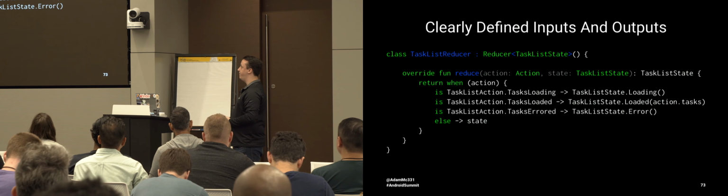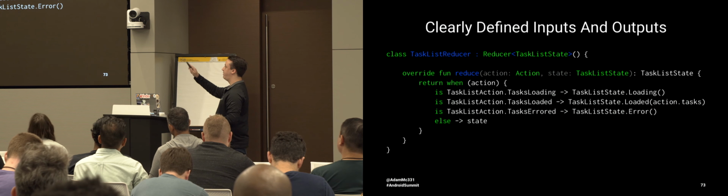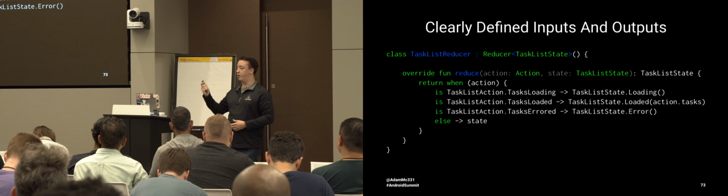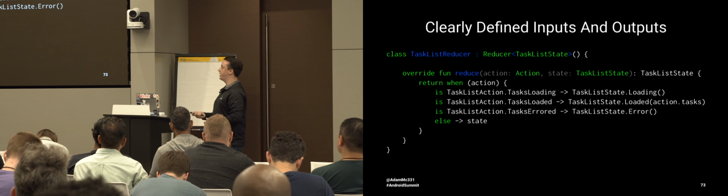Well, as far as side effects, hopefully your reducer just, given this action, gives this state. If you actually want to do something in the middle, like log that a certain task happens, I would look into something called a middleware, which you can add in MVI that will do the logging step and pass that action on to the next step.